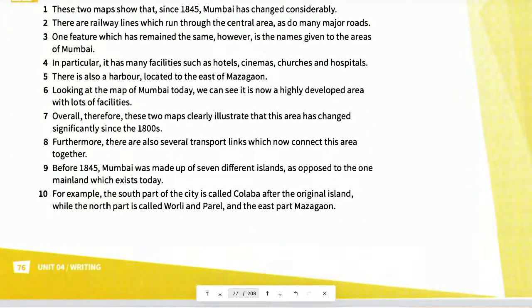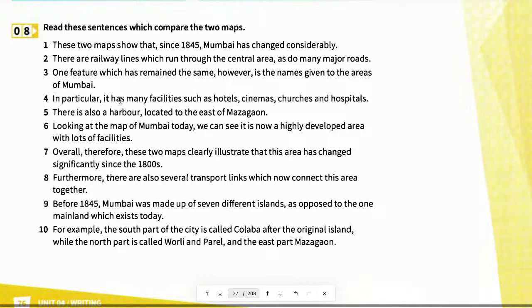Number 10. For example, the south part of the city is called Colaba, after the original island, while the north part is called Worli and Parel, and the east part is Mazagon. I think here they give one example. They say that the names are the same, right?